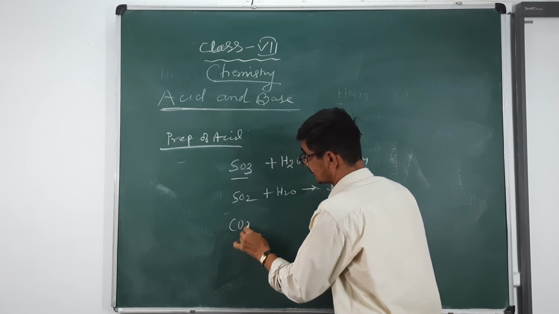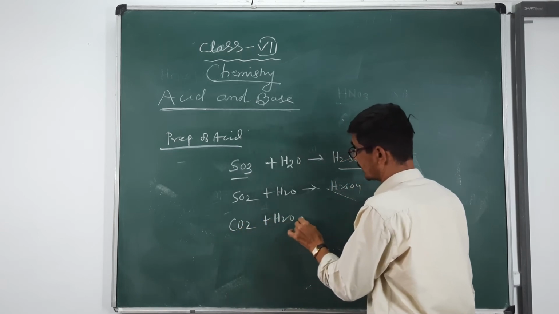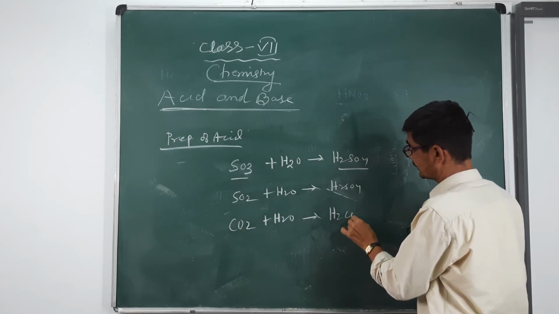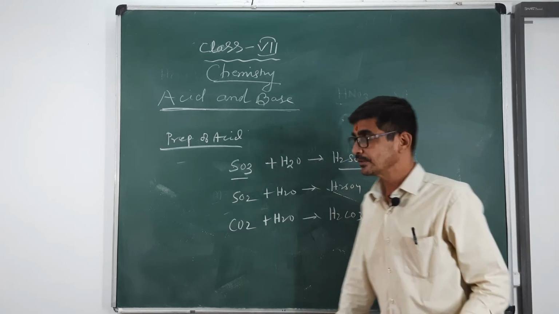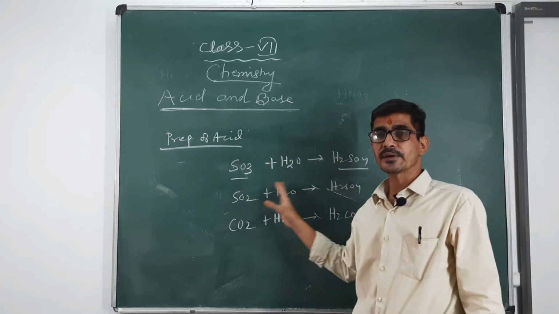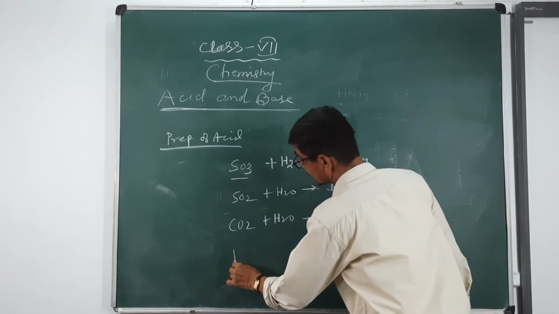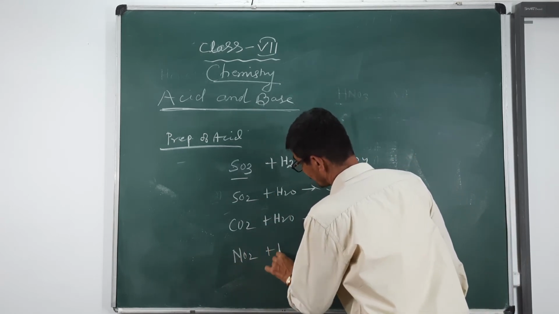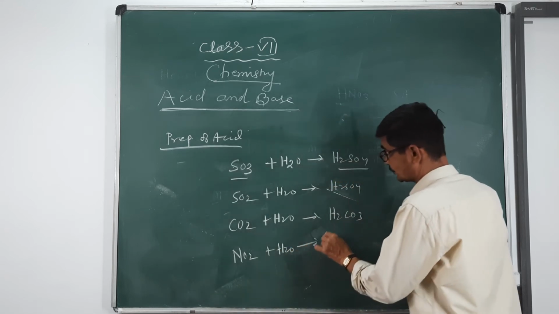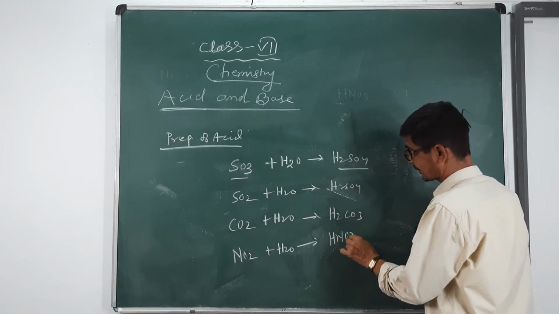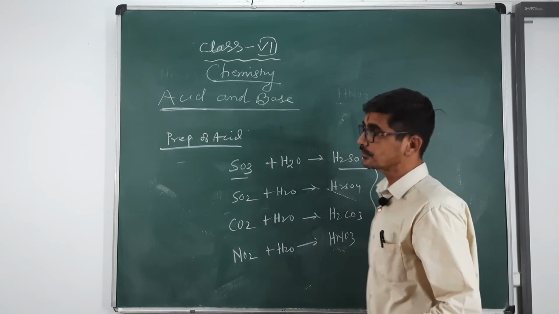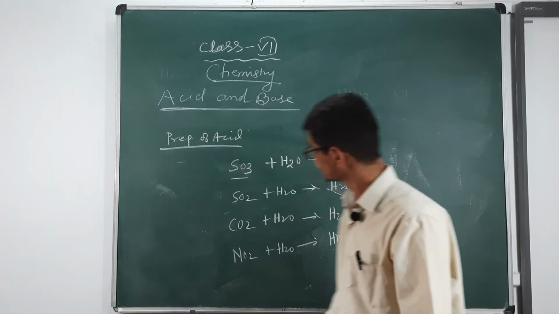Carbon dioxide reacts with water to form carbonic acid, H2CO3. These non-metallic oxides provide acids, that's why they are called acidic in nature. One more example: nitrogen dioxide reacts with water to form nitric acid. This is the way for the preparation of acid.